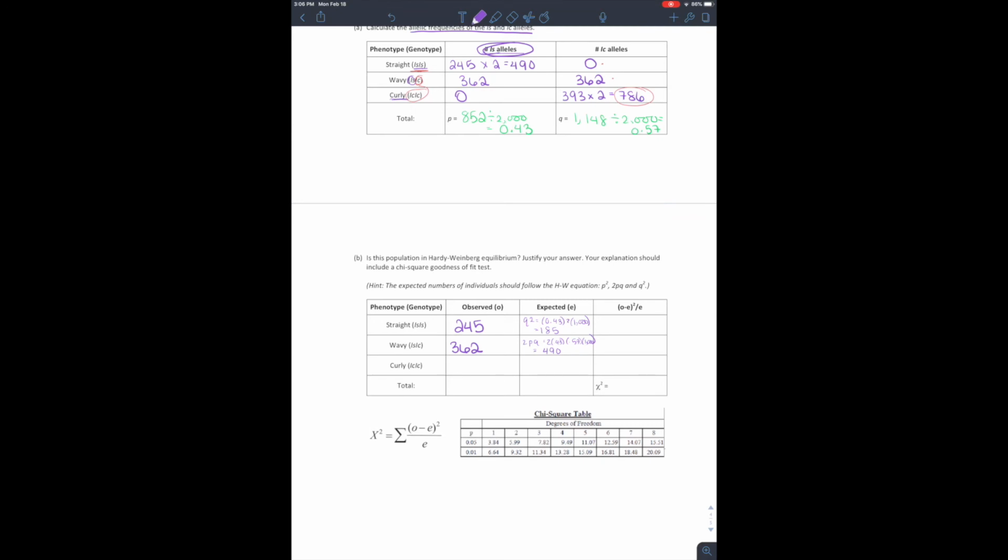Now let's go over to curly. We observed for curly 393. Our expected curly is, well, this should be p squared up here. Should be q squared. It's going to be 0.57 squared times 1,000 equals 325.